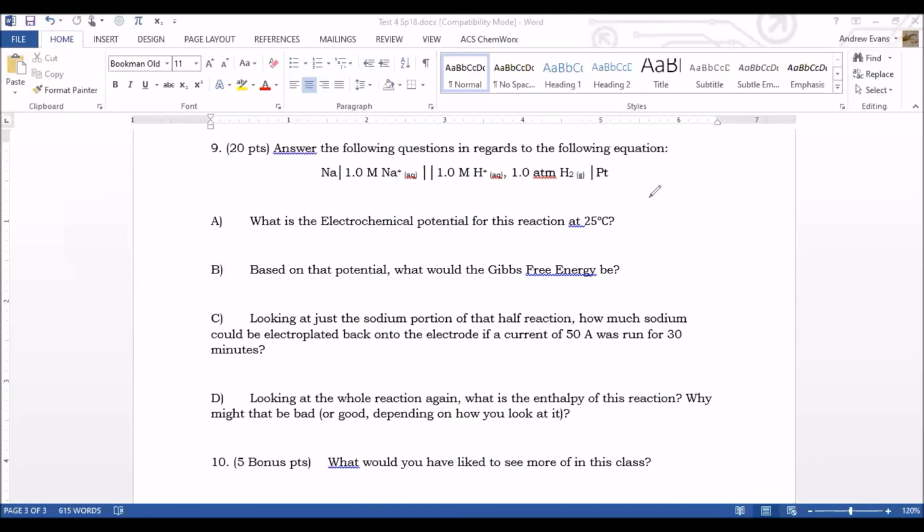We have in here turning E and delta G into K. We have here calculating delta G at various situations, calculating E in various situations, occasional balancing, understanding what it means to be an oxidation and reduction.